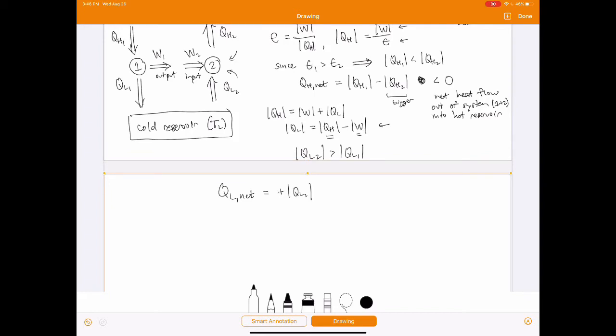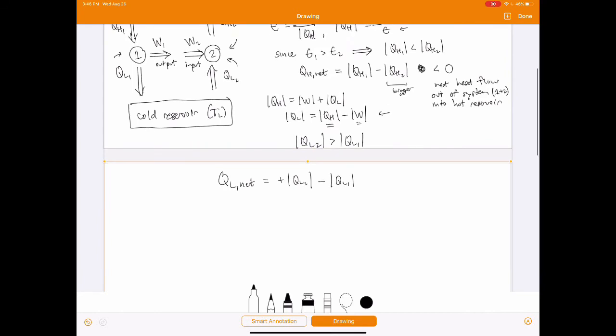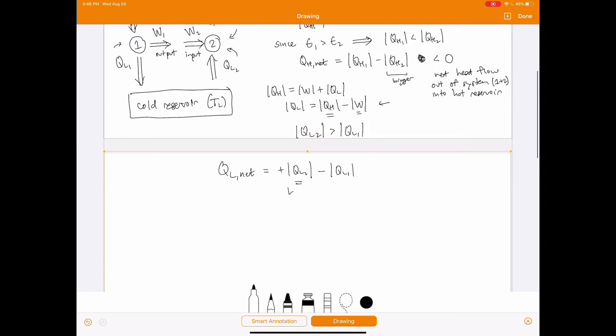But for number 1, heat is flowing out of the gas into the low temperature region. So that would be a negative heat flow, QL1. So we have QL2 minus QL1 to get the net heat flow. But remember, we just said that QL2 is bigger. So that means this is something positive, which means there is a net heat flow into the system.